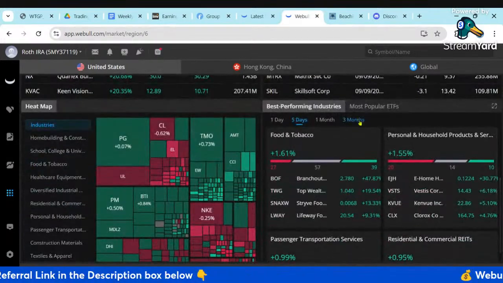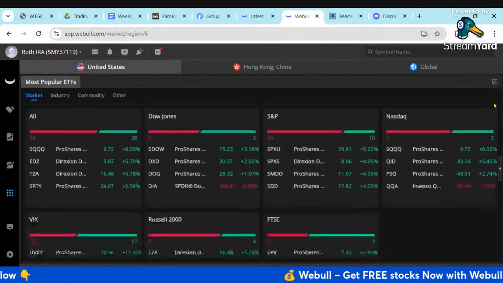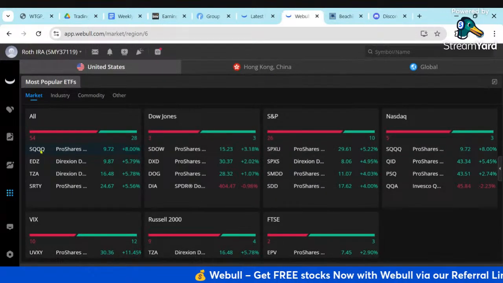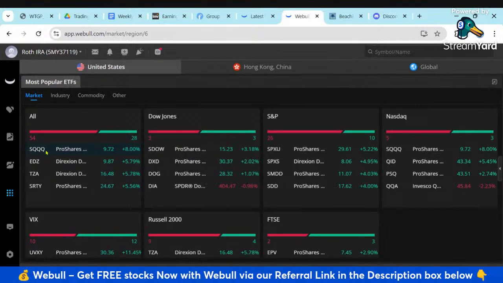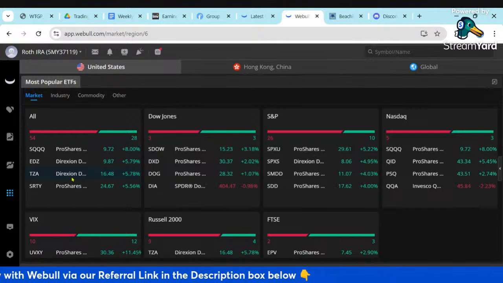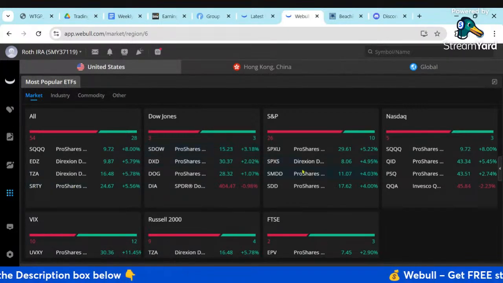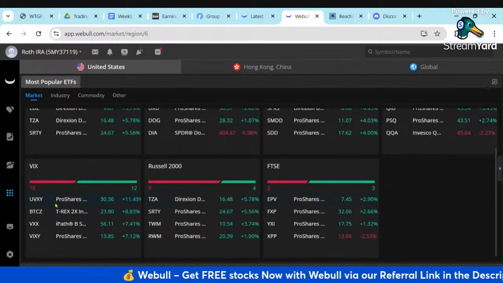Let's look at the ETFs. Again, strong downtrend. There's the leveraged short on the NASDAQ, SQQQ, short on small cap, short on the Russell, short on the Dow, short on the S&P, short on mid caps, and up on the VIX.